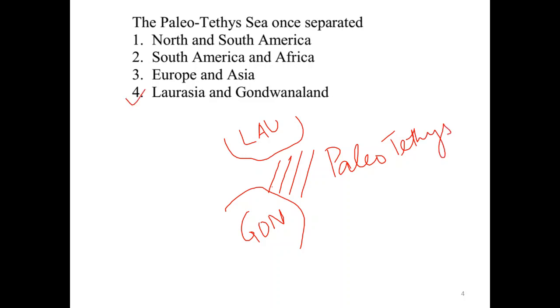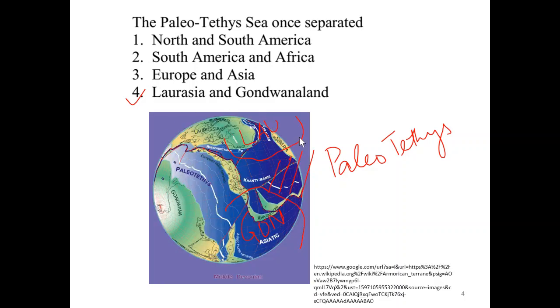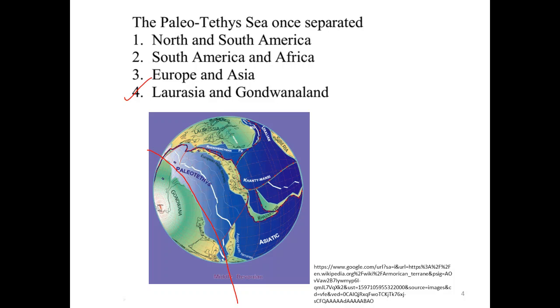So this will be the correct answer. These are very common questions which you should remember. If you see this picture, you can see that this portion is the Gondwana land, this portion is the Laurasia, and this is the Paleotethys. So it's an easy question.